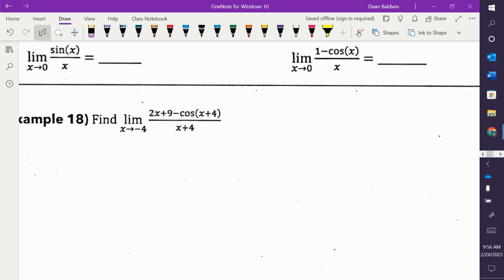Does that look like anything that we've done? It's got a cosine in it. It's got the fact that what's inside the angle, x plus 4, matches the denominator. That's a good thing, because we showed yesterday if you do a substitution, you can clear that out. But you got this 2x plus 9. So does anybody have any ideas of what to do? How are you going to split it up?